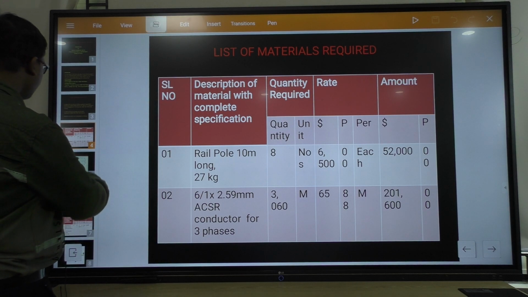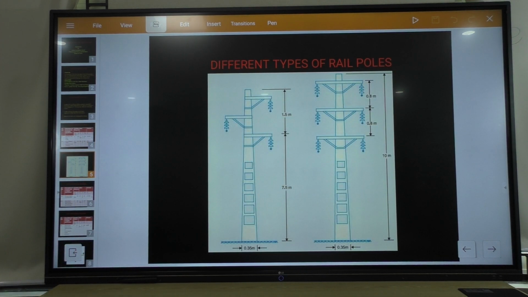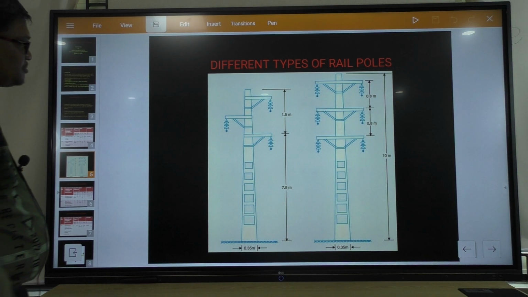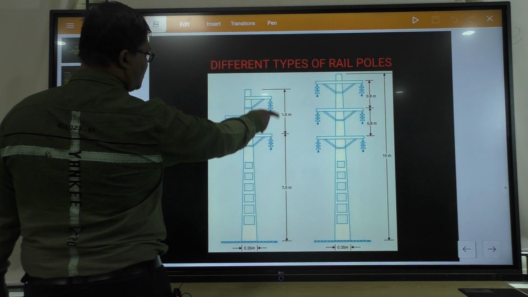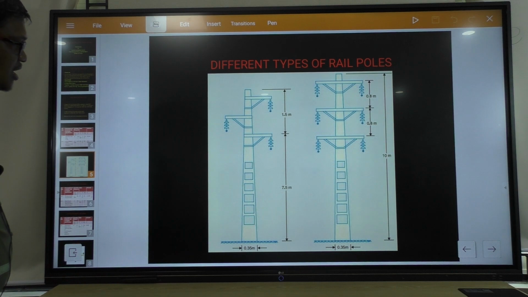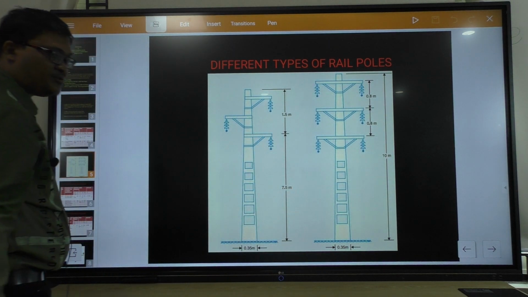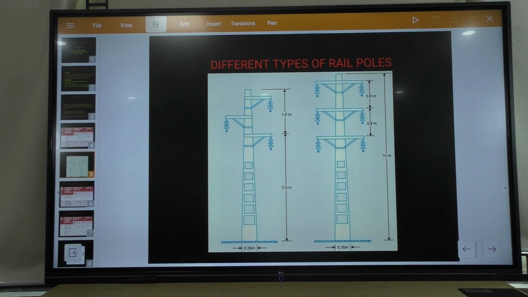Next, these are the different types of rail poles required. From one cross arm to another cross arm the minimum distance is 1.5 meter, and from the bottom cross arm to the ground is around 7.5 meter.